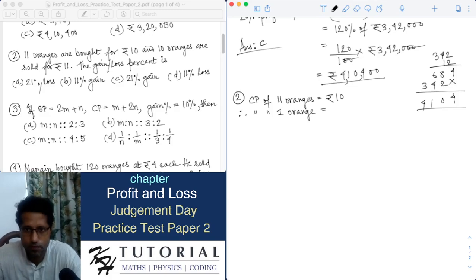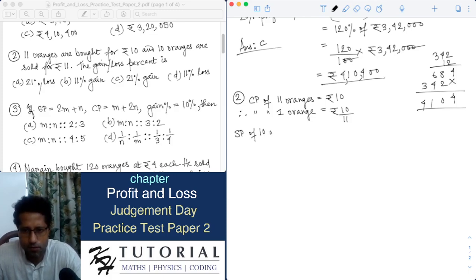So the cost price of one orange, using the unitary method, we know this will be 10 by 11. Similarly, it is given that 10 oranges are sold for rupees 11.